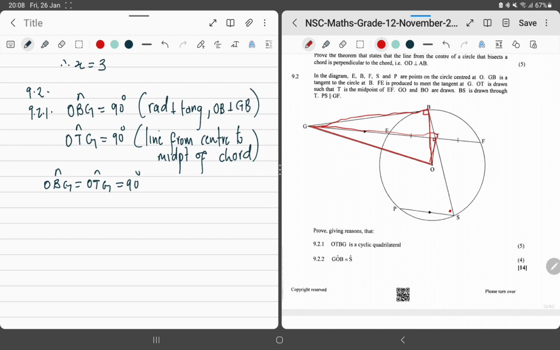So OBG and OTG are angles in the same segment. OTBG is a cyclic quad. This is because of the converse of angles in the same segment.